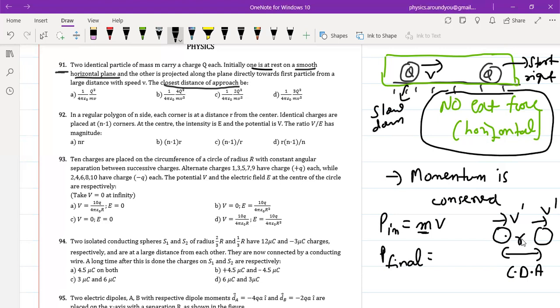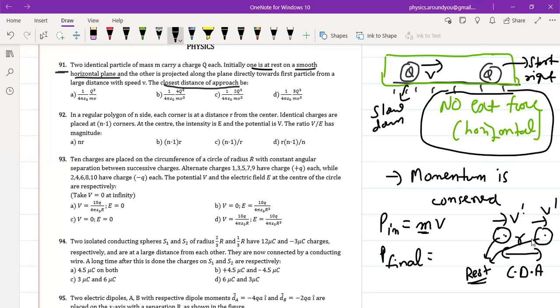If they move at the same velocity, then both of them will appear to be at rest with respect to each other. This ball is going to be in a state of rest with respect to this ball, which means the distance between them is not going to reduce further.